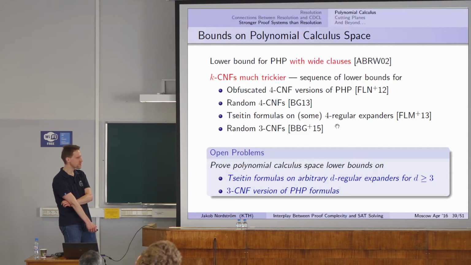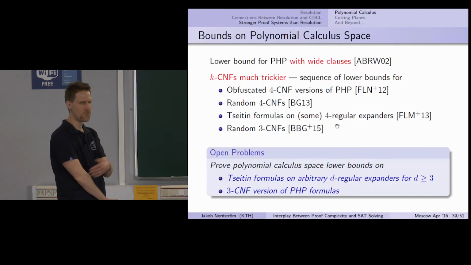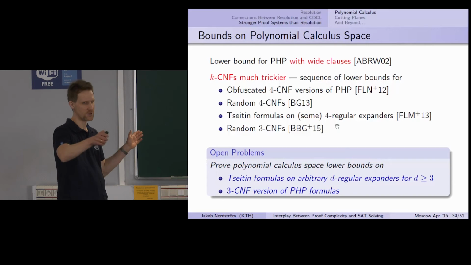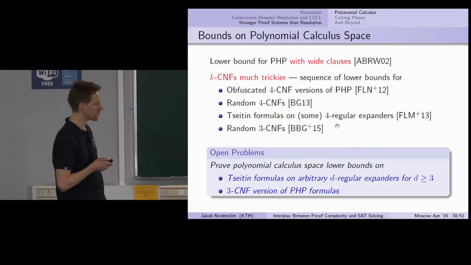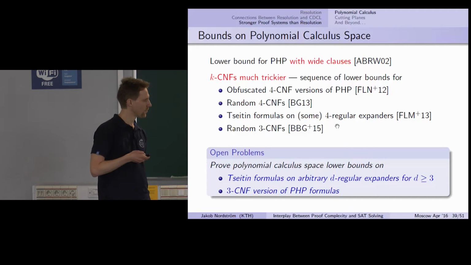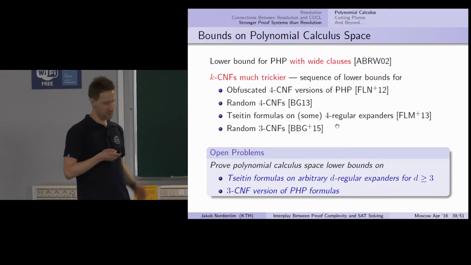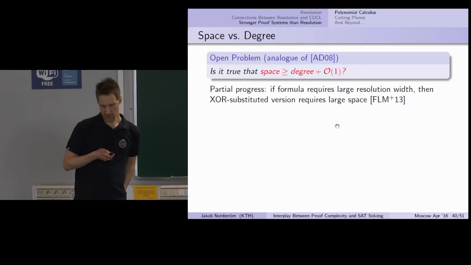I mean, resolution, at least for this turning things into 3-CNF or not, is generally sort of well behaved, I think it's fair to say. I don't know of any result where it's really a problem whether you have the 3-CNF version or the wide version. But for polynomial calculus, it makes a difference. It somehow breaks our techniques for some reason that I really don't understand.